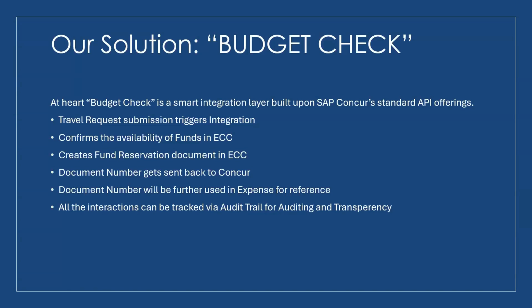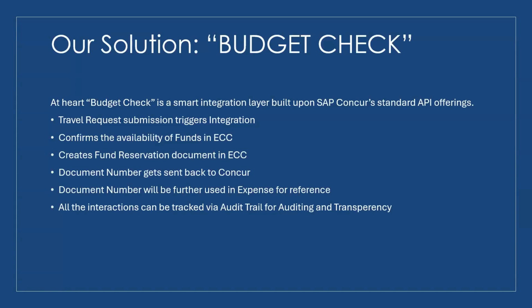And if the funds are available, ECC creates a reservation to temporarily hold that amount. And if there is no budget available, Concur receives a failure response and notifies the user to revise the request or the funding.